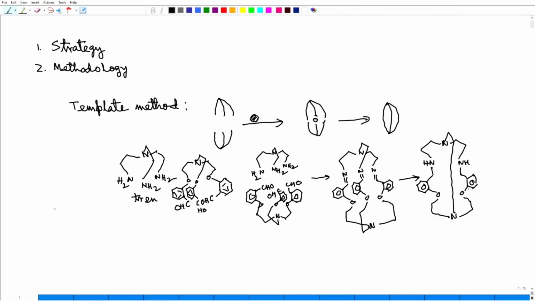You have to know this reaction. CHO, and then NH2, then R, say R prime. How do they react with aldehyde? They react like this.